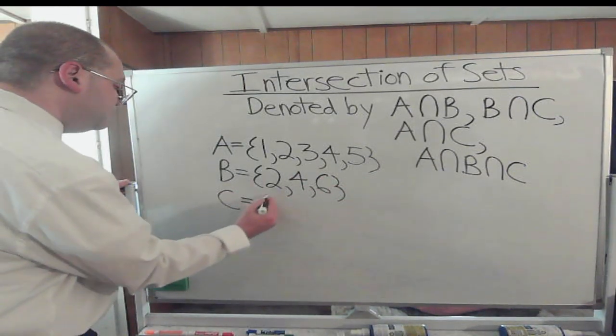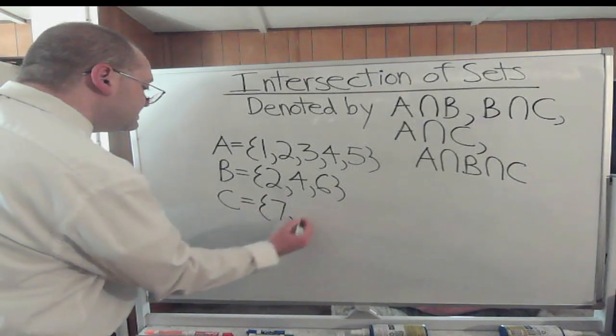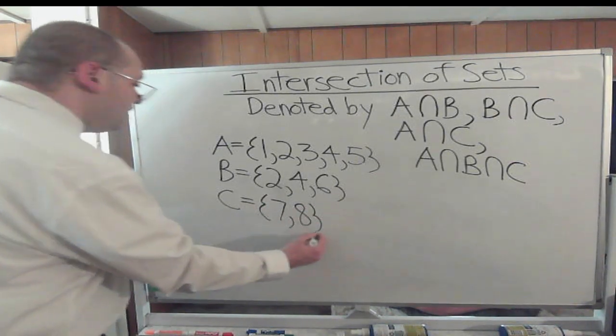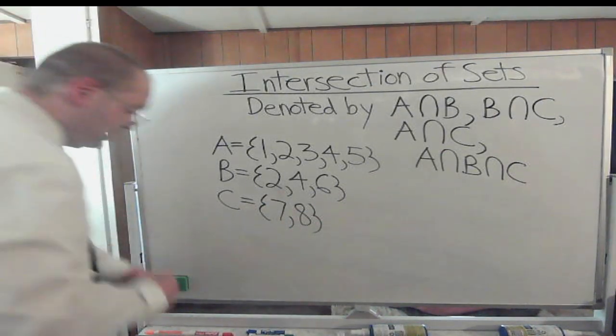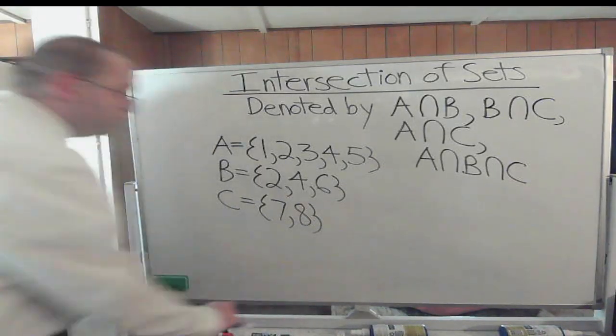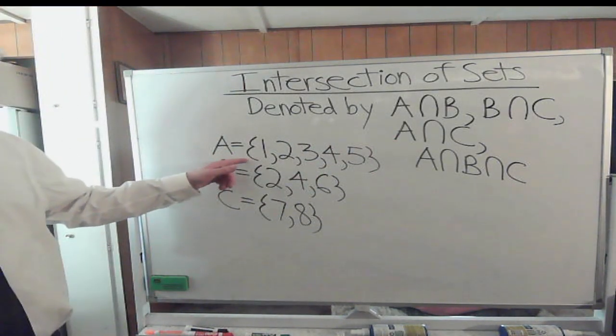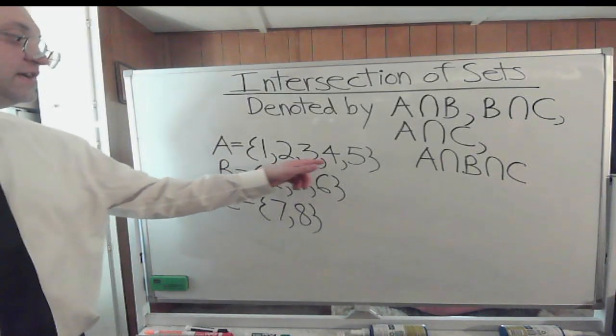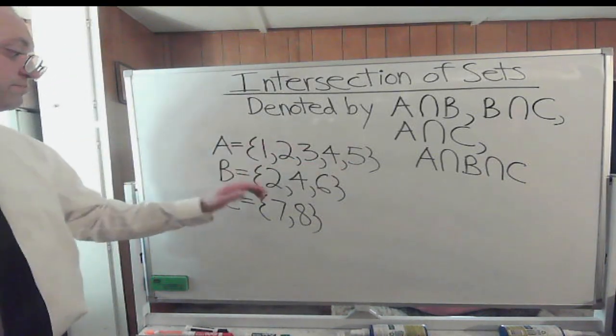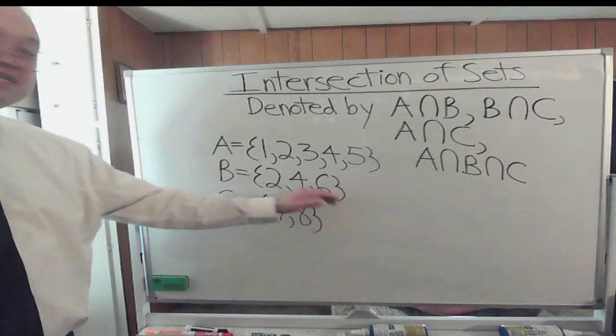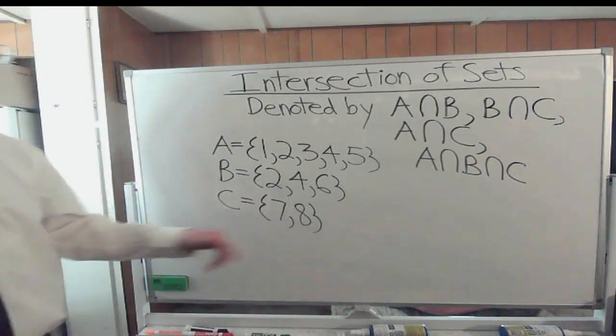Then set C is 7 and 8. Alright, so this time we're going to focus on finding the intersection of sets when you have set A being 1, 2, 3, 4, and 5, set B being 2, 4, and 6, and then set C just being 7 and 8.